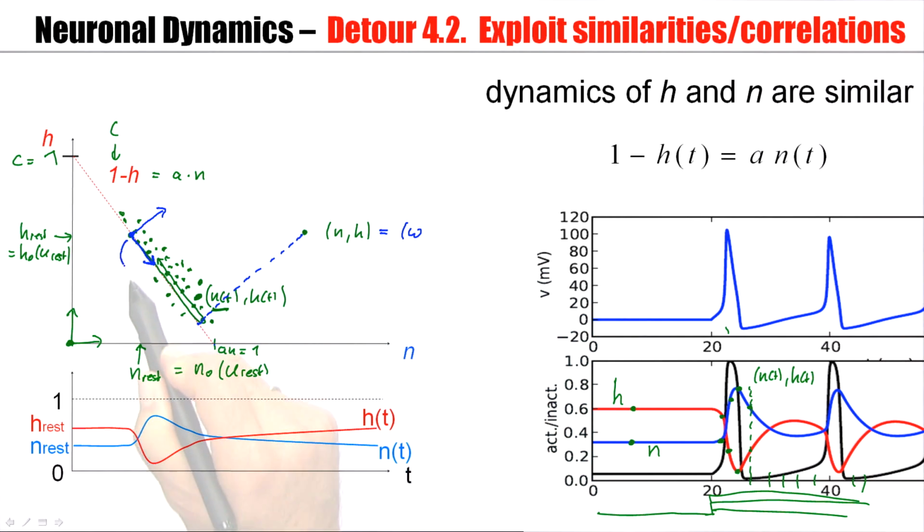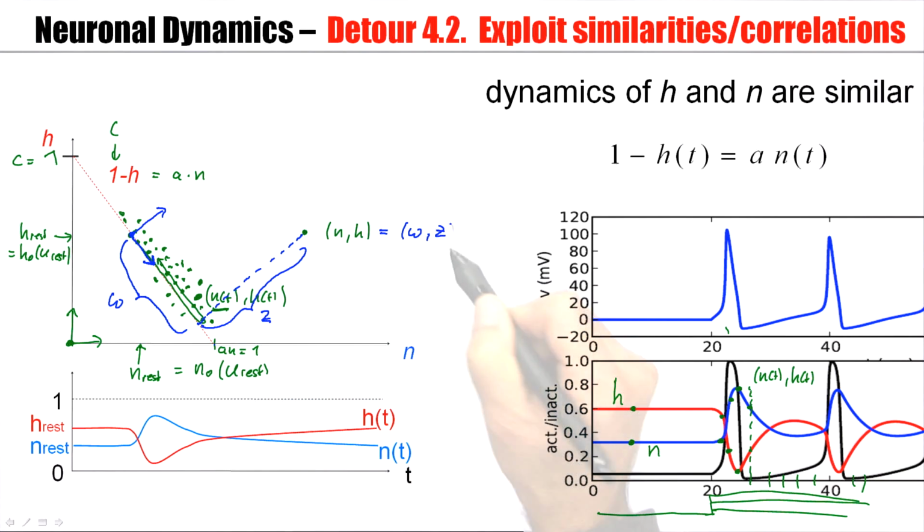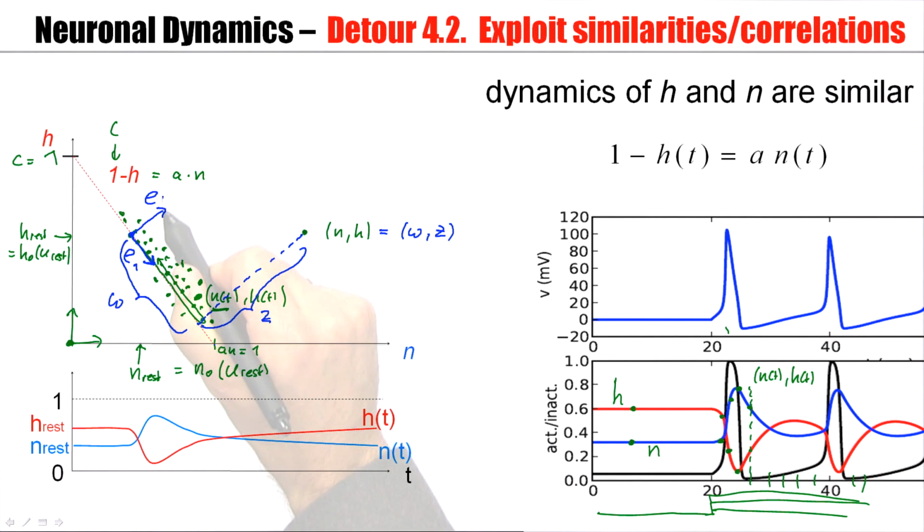W would be the location along the red dashed line, and z would be the second coordinate. So this is my first coordinate vector, and the second one is orthogonal to the first one.